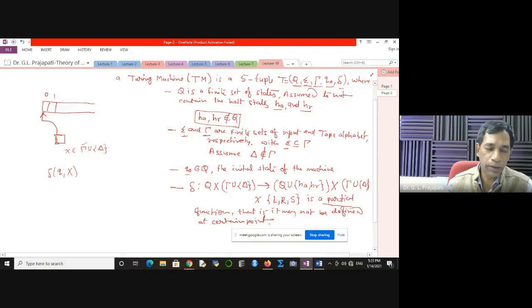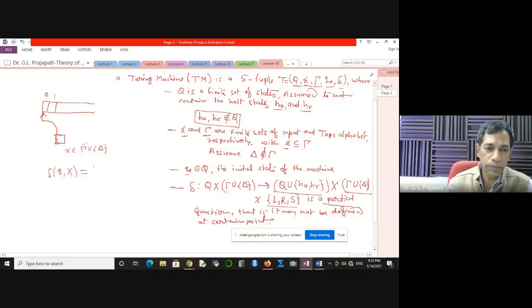Your current state is Q, and your output is a triple: one is the state, another is the tape symbol or blank, and the last one is the direction.